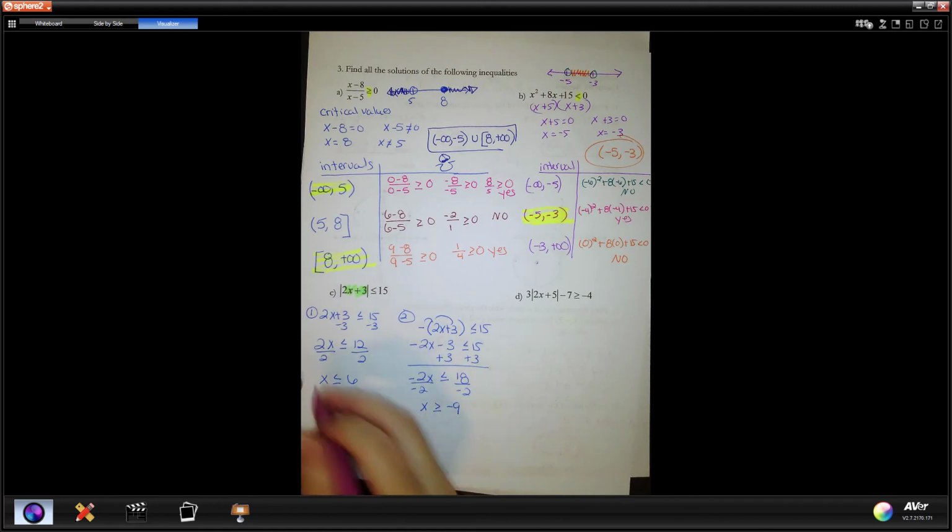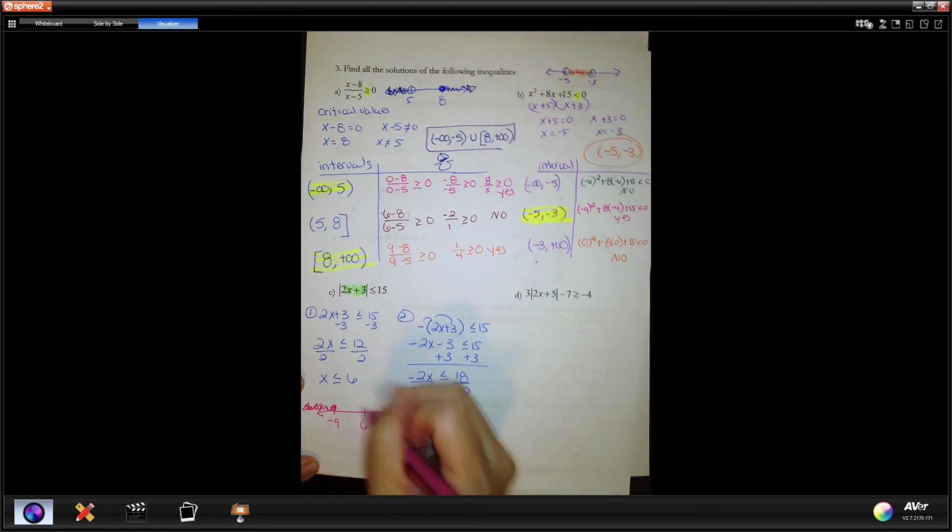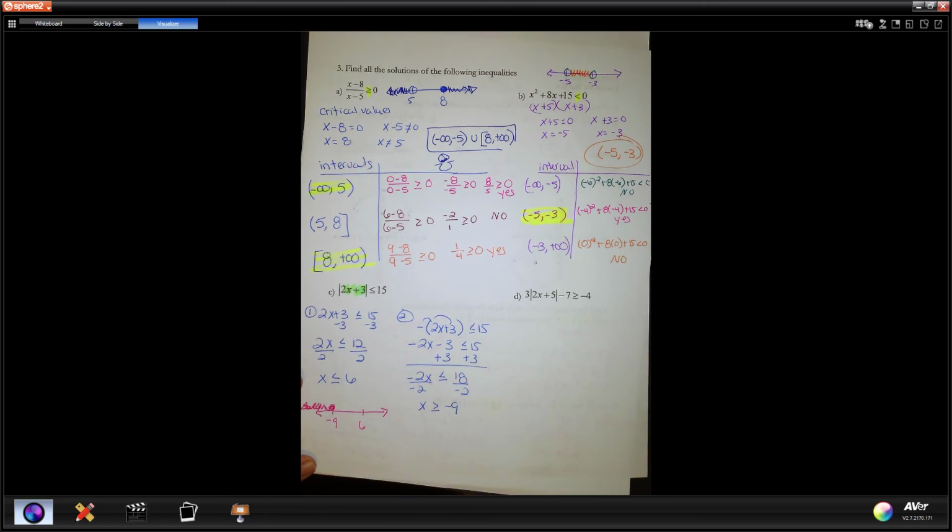Looking on a number line, so we have negative 9 and 6. Oops, I just did that backwards. Looking at that, so don't disregard.